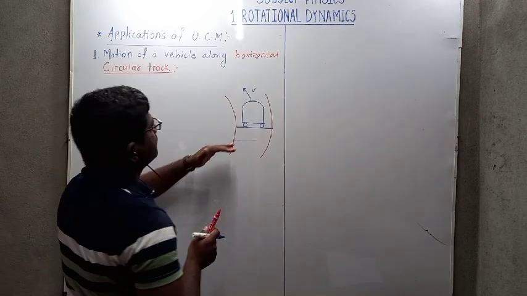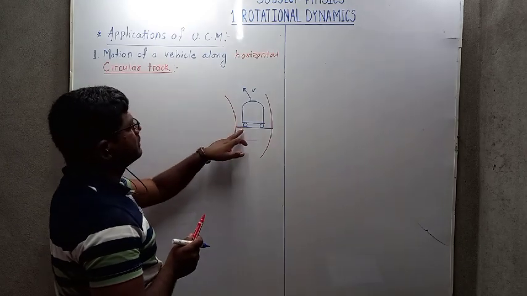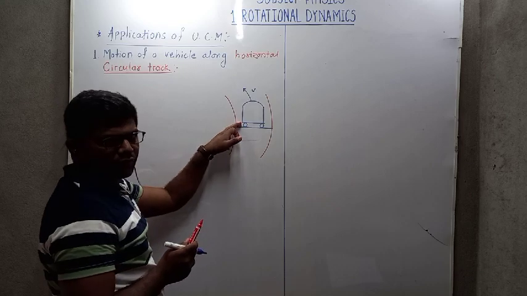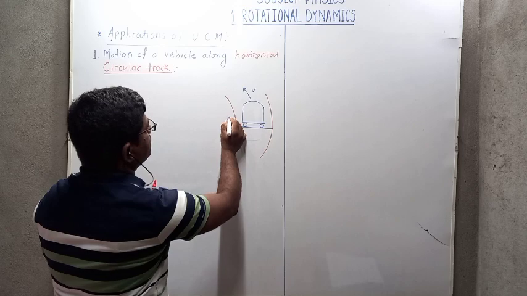While moving, the force of friction is produced between the surface of the road and the tires of the vehicle. The force of friction is denoted by Fs.